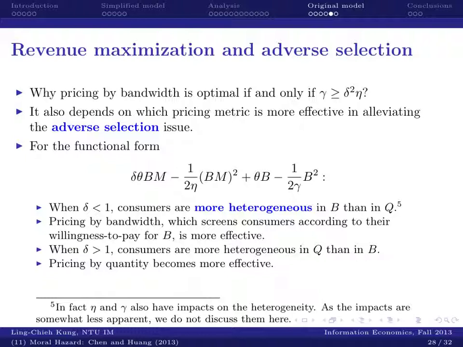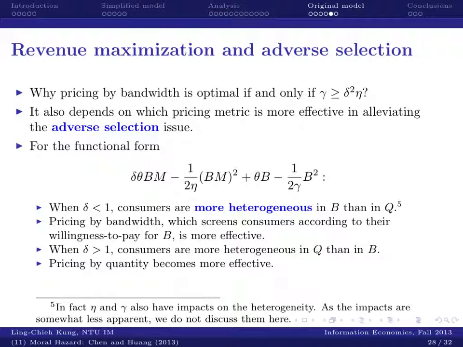But as you may expect, if eta and tau are just 1, then the condition will really reduce to delta greater than 1 or less than 1, exactly what we discussed here. When eta and gamma are something else, together they form this condition.